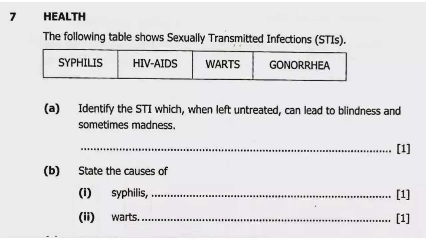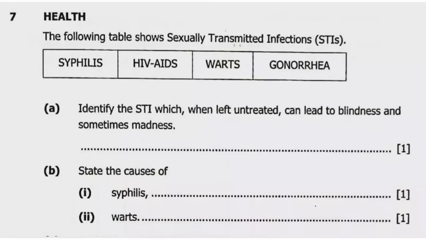7A, identify the STI which when left untreated can lead to blindness and sometimes madness. Remember, in section A we were asked to identify a disease that leads to infertility, which we said is gonorrhea. Now this time they want us to identify the disease that will lead to blindness as well as madness if left untreated.